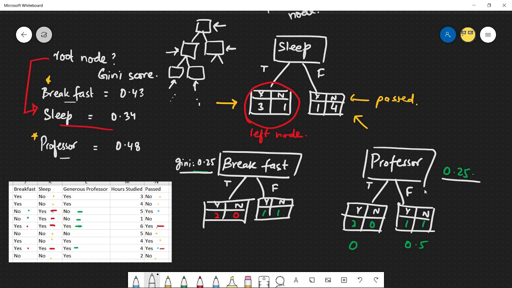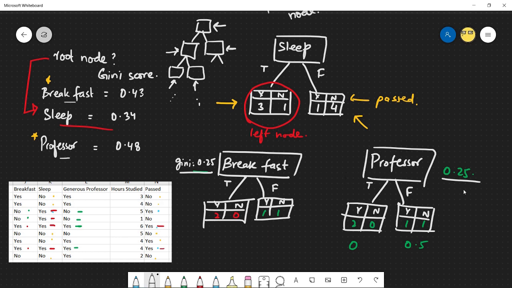Now this is a good example of what happens in the scenario where you have 2 variables that have the same impurity score. That is, they're distributing the data in the same manner as to keep the purity level the same. So in that case, you can just pick either one.